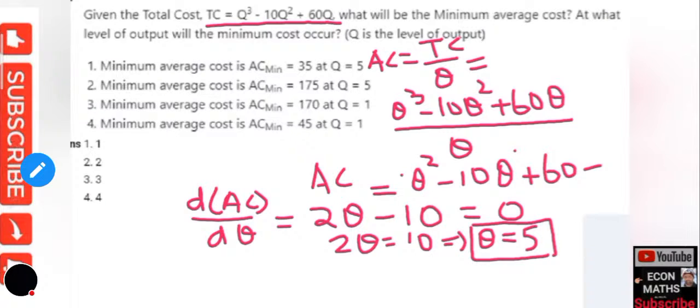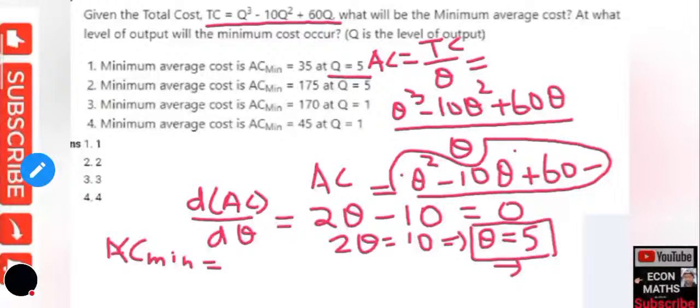So first we got q is equal to 5. Second, we have to find the minimum average cost. Minimum average cost is equal to, we put the value of q equal to 5 into the average cost function.